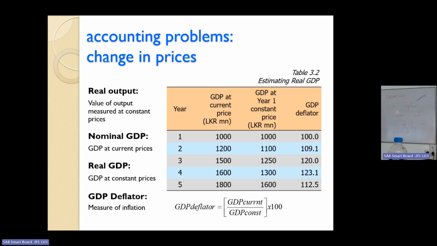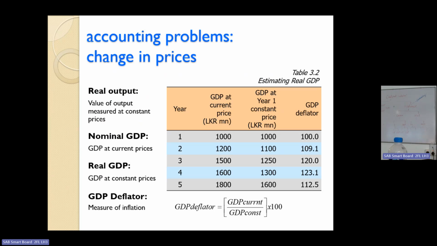This is how we calculate the GDP deflator: nominal GDP divided by the constant GDP, into 100. Nominal GDP means current GDP, and constant GDP means real GDP.